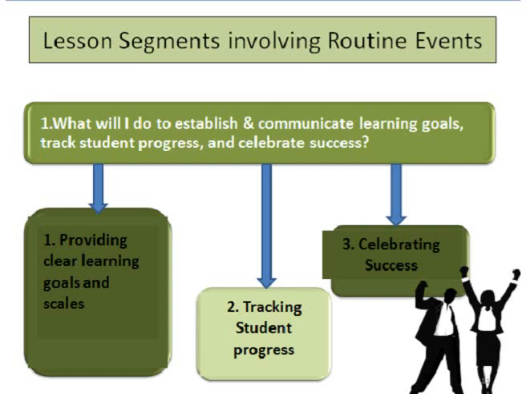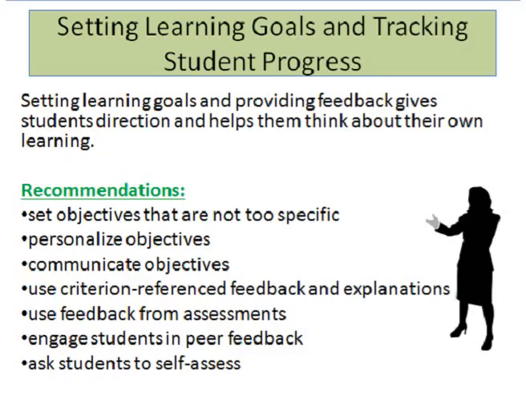The second piece to design question 1 is tracking progress. Again, all 3 action steps are connected. We need to make sure that we talk about tracking progress in connection with the goal and the scale. Teachers need to define concrete, measurable objectives and encourage students to personalize them.